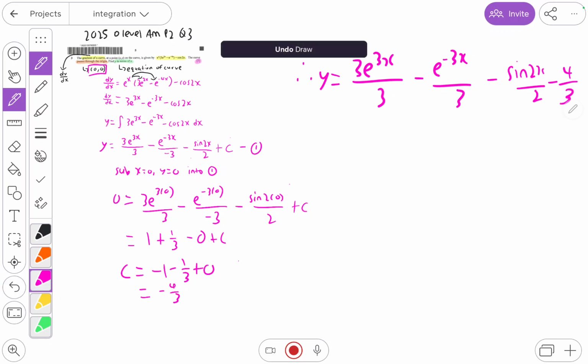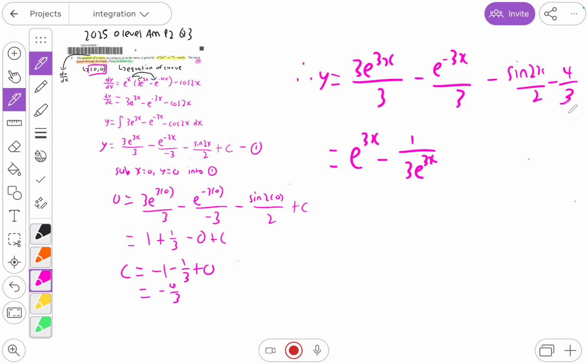So this will be 3e^3x over 3, which is e^3x, minus 1 over 3e^3x, and then we got a minus sine 2x over 2 minus 4 over 3. This is your final answer.